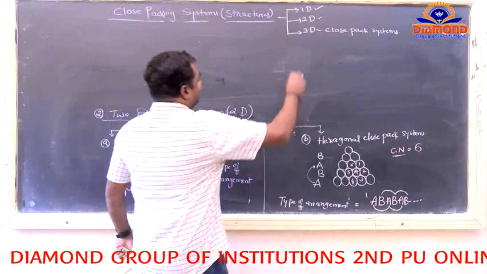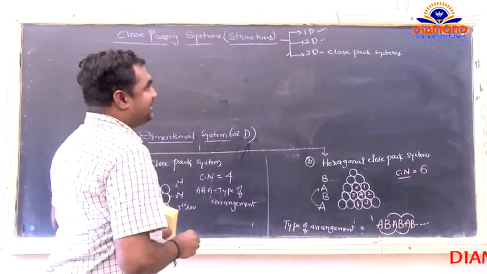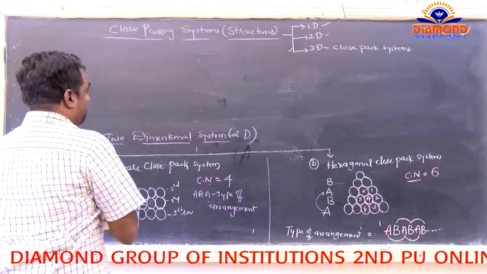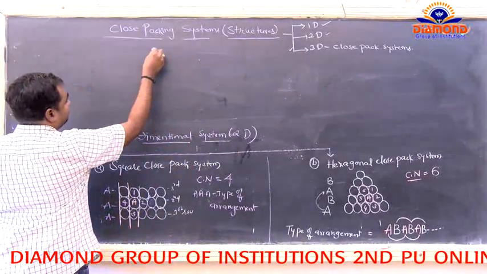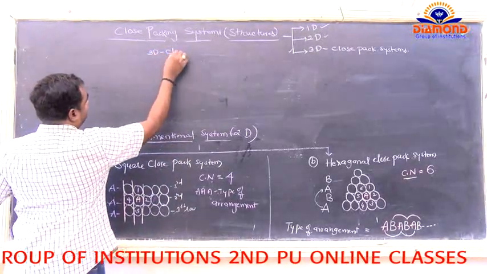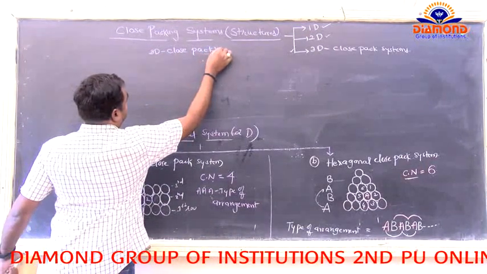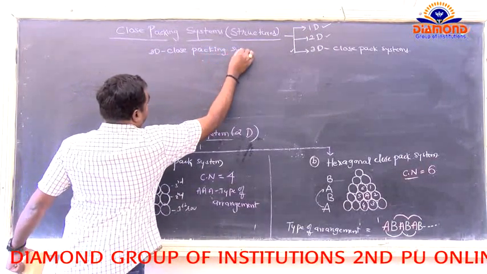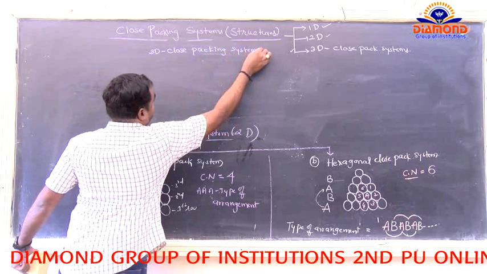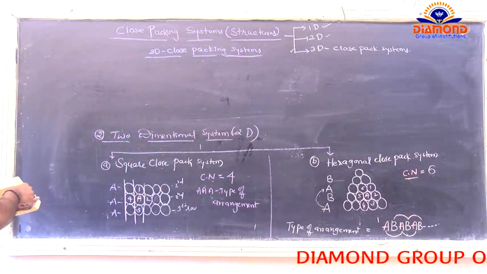Now, next we go for the three-dimensional systems. So the 2D is over.